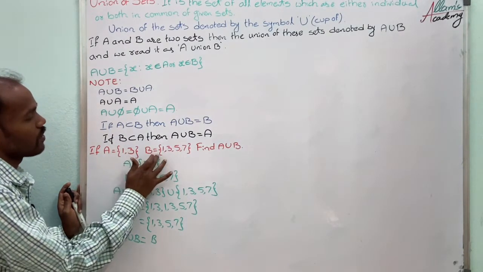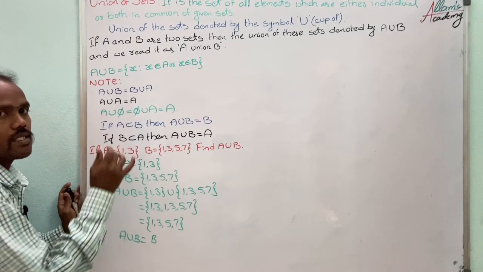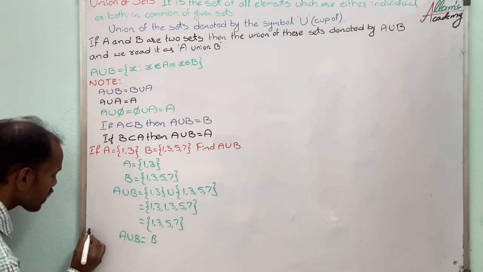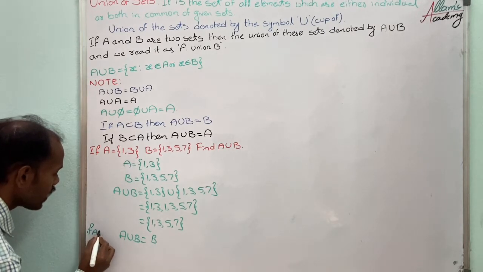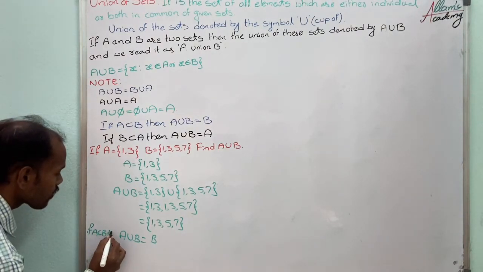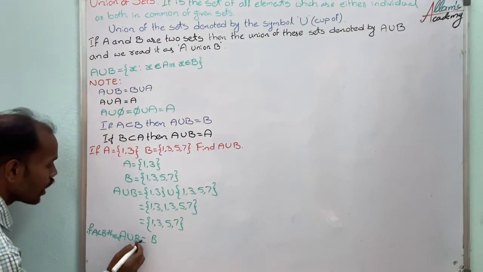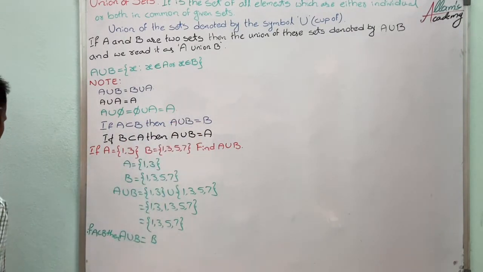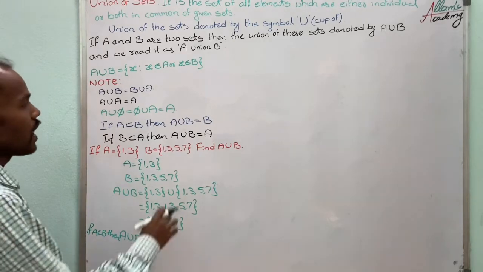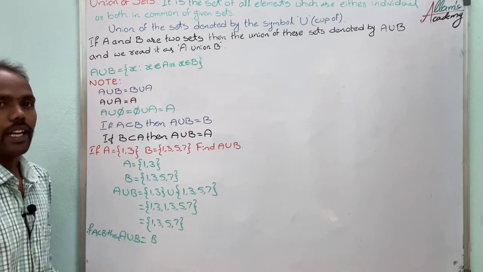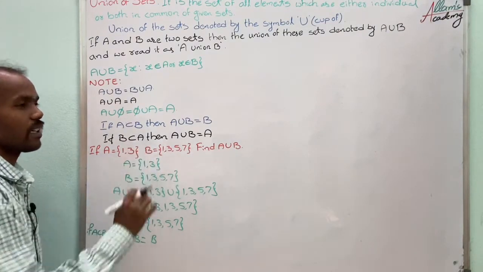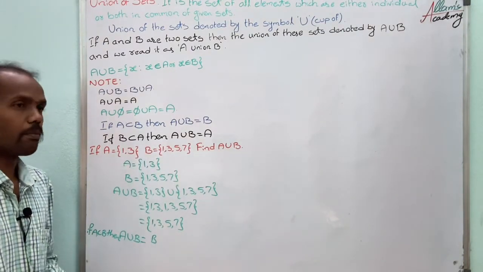So here we say A is a subset of B. So if A is a subset of B, then A union B equals B. Already we discussed this. Now we observe the graphical representation, the Venn diagram, of this set A union B.